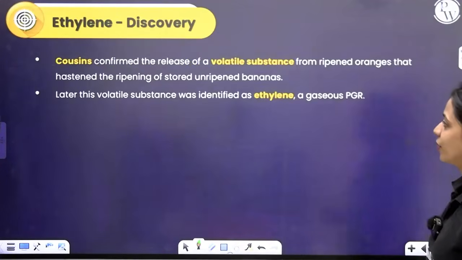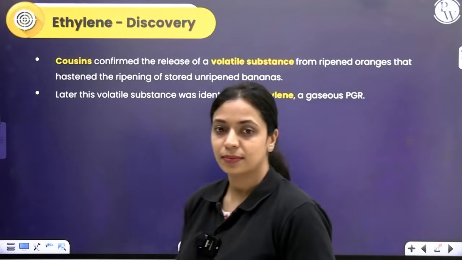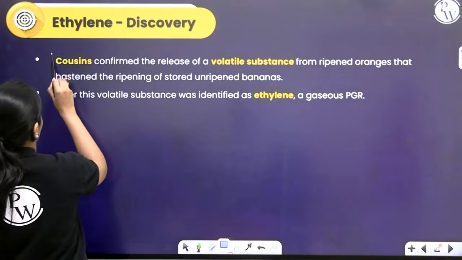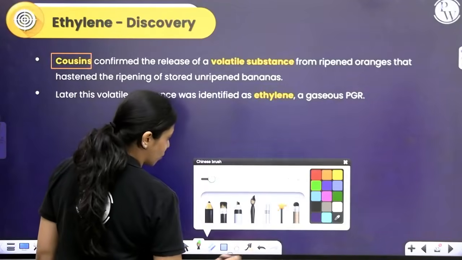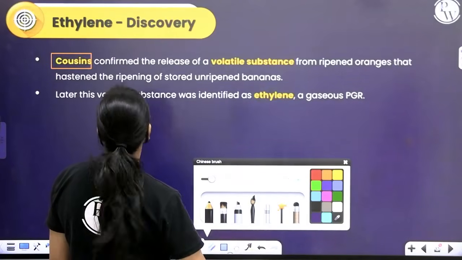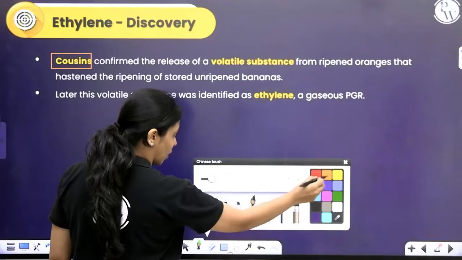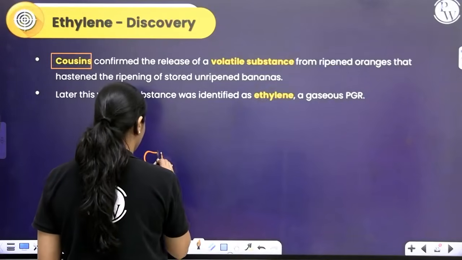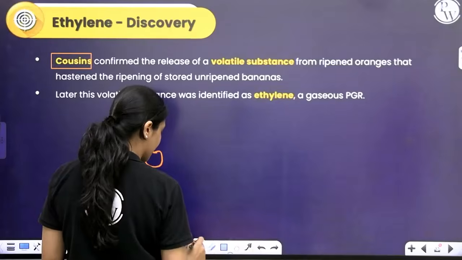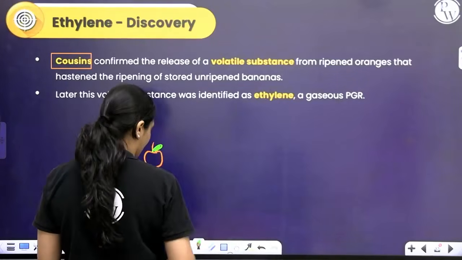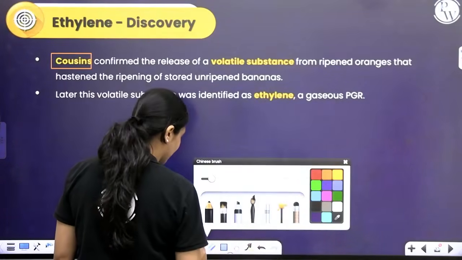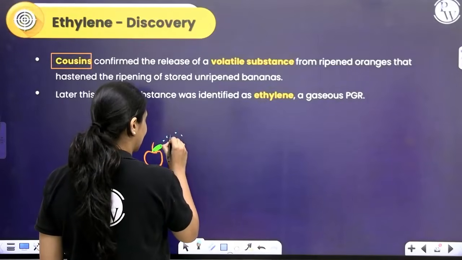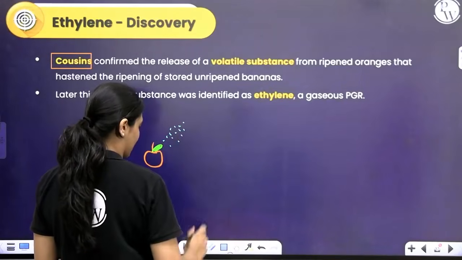Next, let's talk about the discovery of ethylene. This was discovered by Cousins. He confirmed that whenever you keep ripe oranges, they secrete or produce some volatile, gaseous chemical.